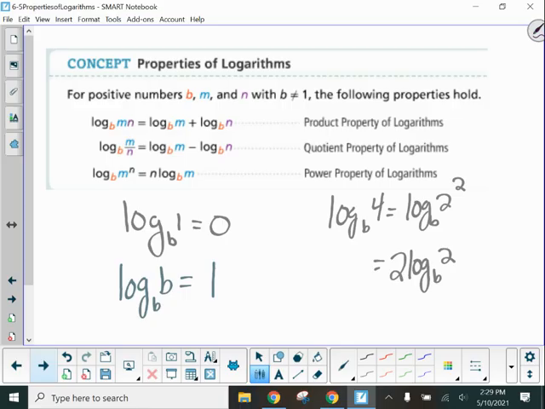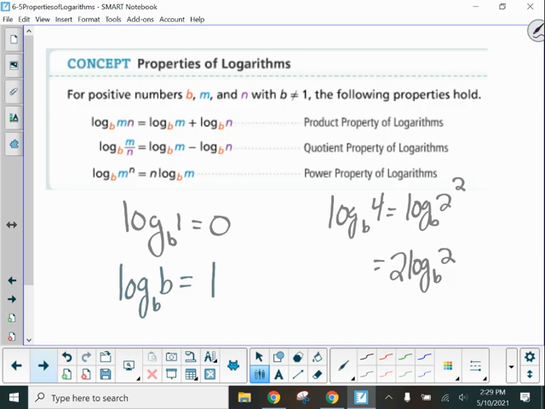So log base b of mn is the same thing as log base b of m plus log base b of n. So you can split apart products into two separate logarithms, and along the same lines, if you have two things that are being added that have the same base for their logarithms, you can rewrite that as a single logarithm.